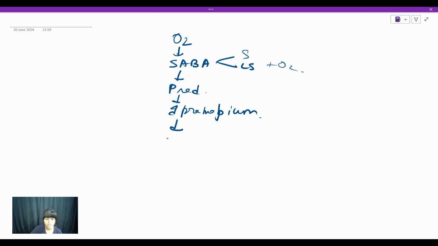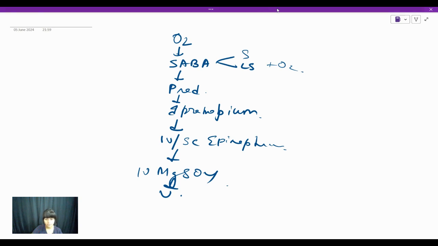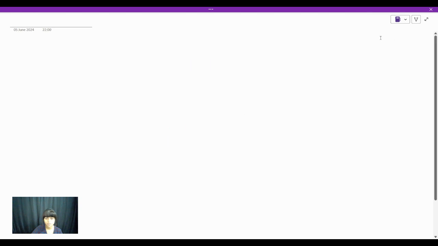Not responding, you go for IV or subcut epinephrine. Not responding, go for IV magnesium sulfate, then ventilator. Right? So this is the flowchart you should remember, and also if asked in exam, you should write this.